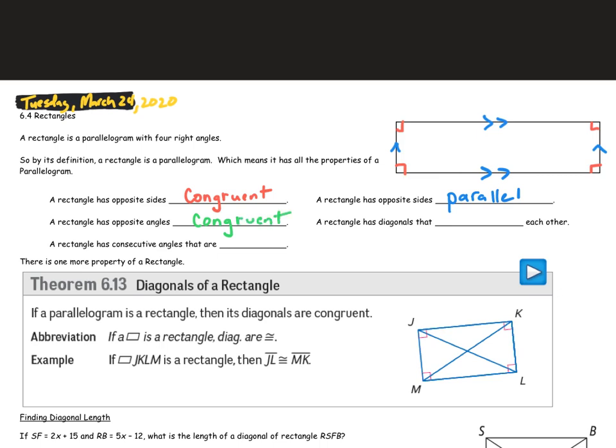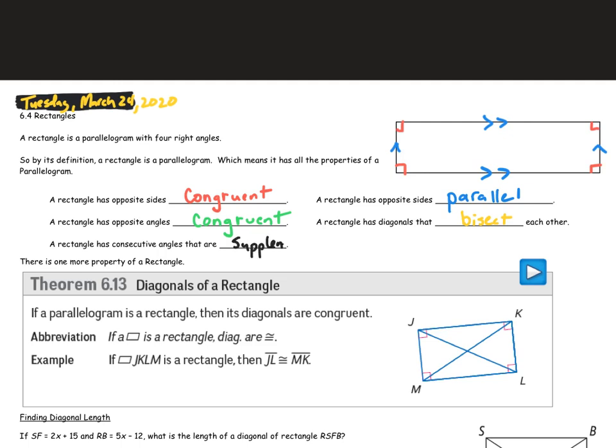If I was to draw in the diagonals in this rectangle, I know that a rectangle will have diagonals that bisect each other. That's another property of a parallelogram. And finally, a rectangle has consecutive angles that are supplementary.